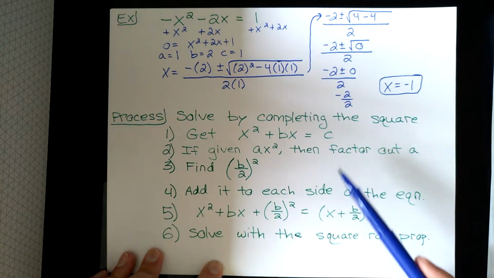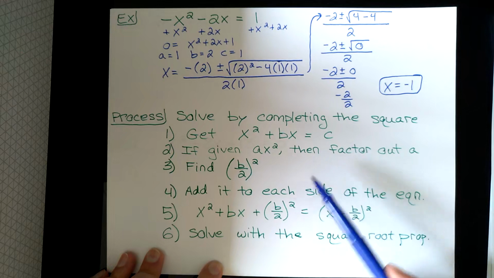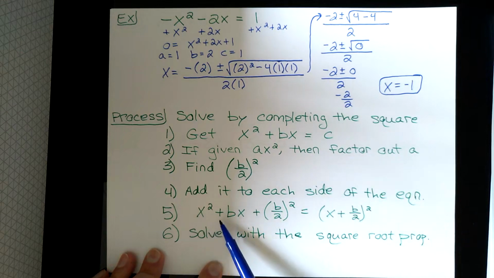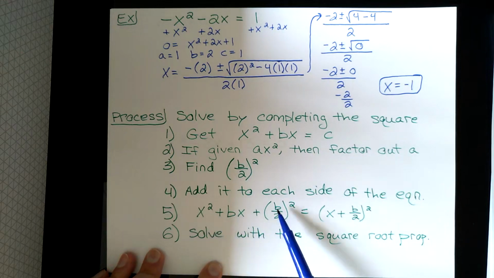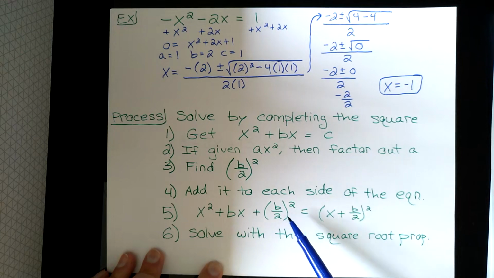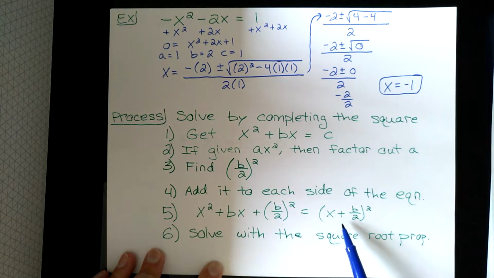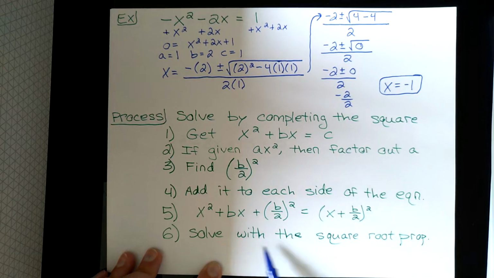And the reason why we do this is because x squared plus bx plus (b over 2) squared will always factor into (x plus b over 2) squared. It is always a perfect square polynomial that will factor into this form. And because we've done that, we can then solve by applying the square root property.